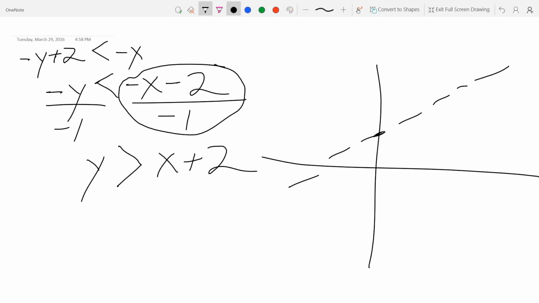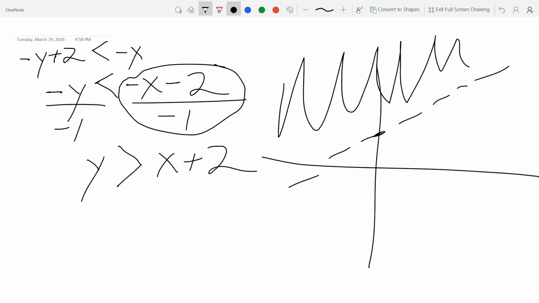Which side do I shade? The right side. Say above or below. Above. Is that the right side? Yeah. No. You got it's above, but it's not the right side. Had I taken literally, I would have assumed this was the right side.